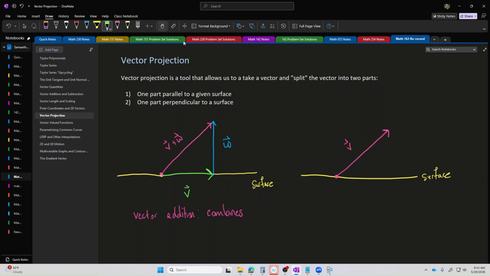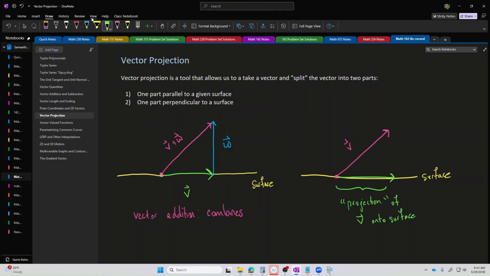We're going to break it down into one part that is parallel to the surface, called the projection of v onto the surface.